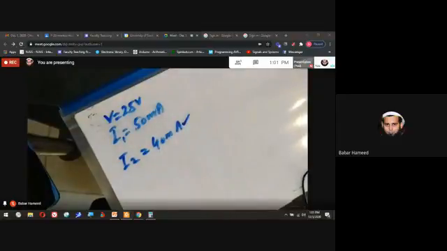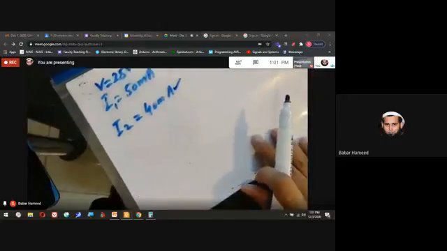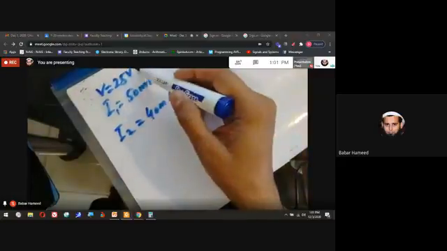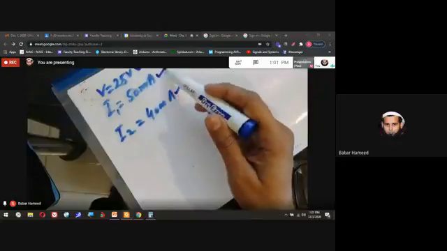We have already discussed that current is directly proportional to the voltage. If voltage increases, current increases. If voltage reduces, current also reduces. So we can have a simple calculation: for 25 volt, current is 50 milliampere.